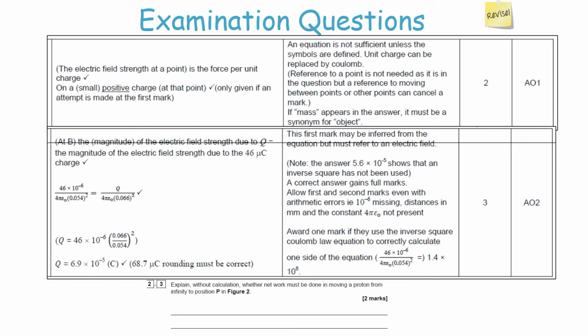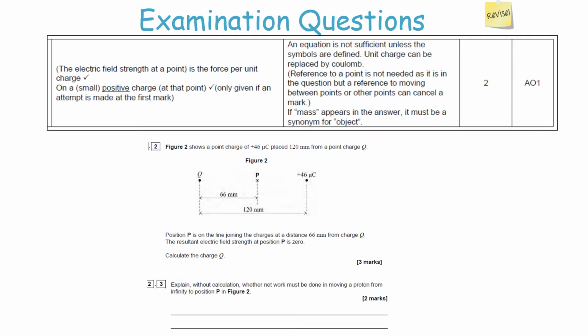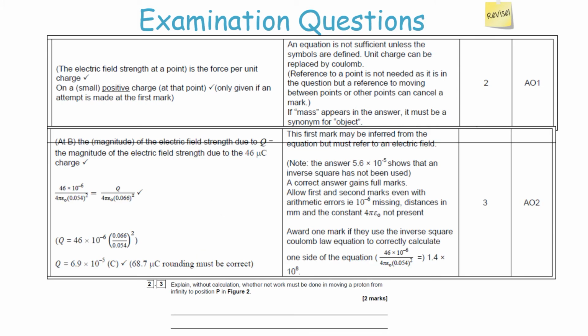Then your answer is going to be 6.9 times 10 to the minus 5 coulombs, or 68.7 microcoulombs, which looks right because it's balancing out the 46 microcoulombs on the other side. Q is slightly further away, so it has to be slightly stronger, so it does make sense.